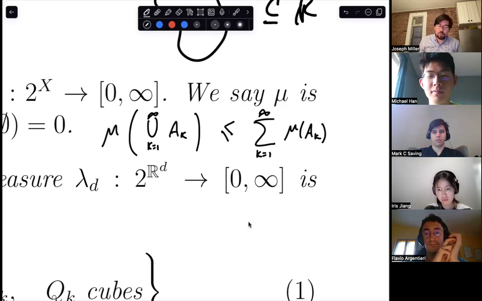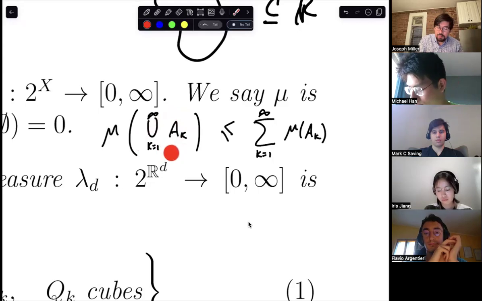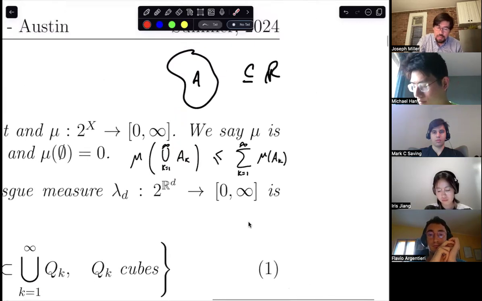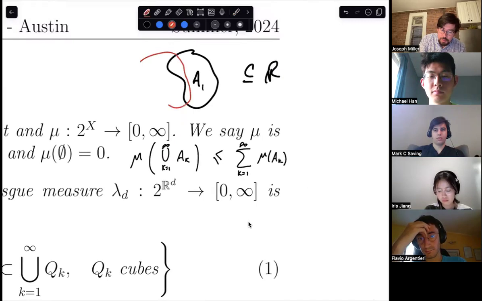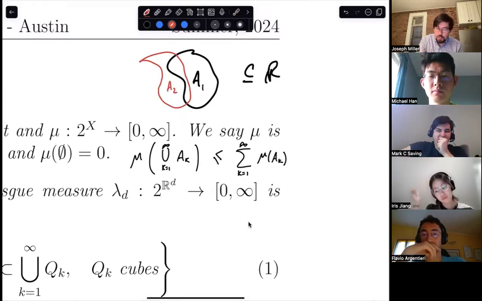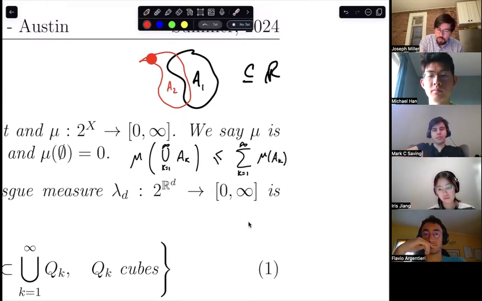It's an intuitive notion that you would want for a measure. If the A_k's are overlapping, say I have A1 and then another set A2, the union is going to be this whole collection of things.